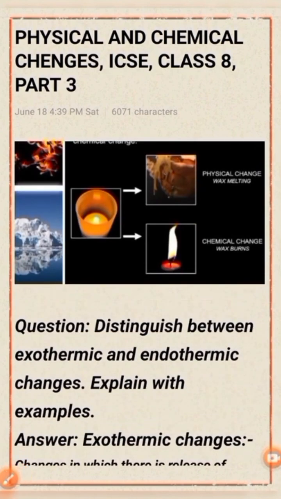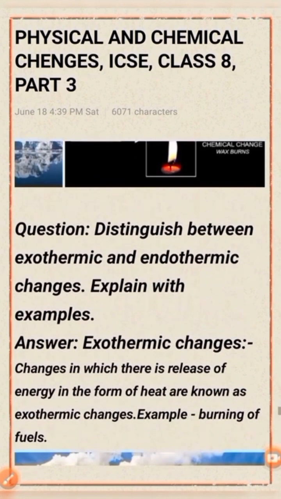Next question, distinguish between exothermic and endothermic changes. Explain with examples. Changes in which there is release of energy in the form of heat are known as exothermic changes. Example: burning of oils.